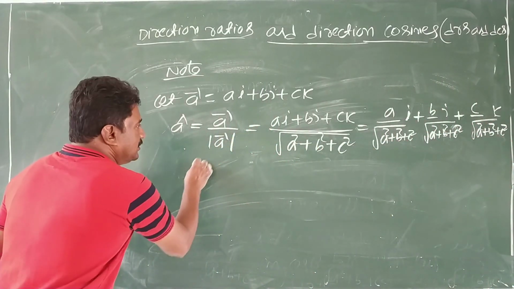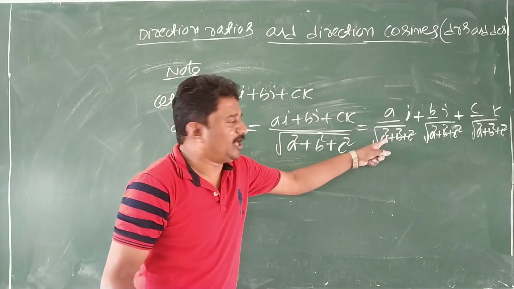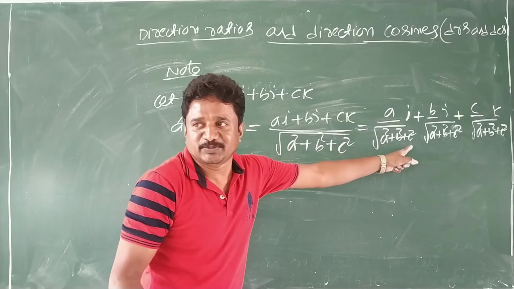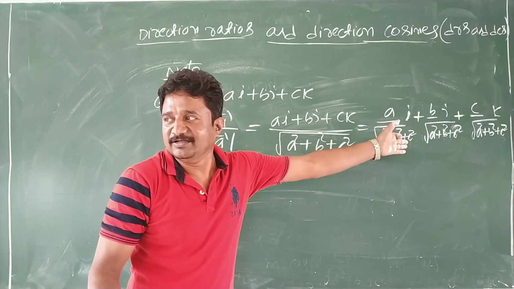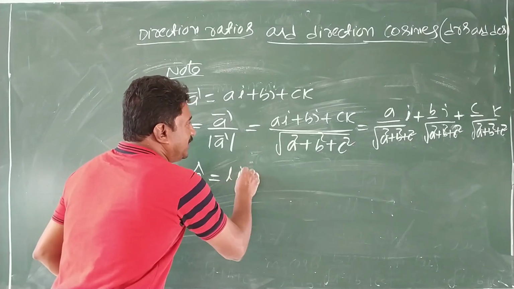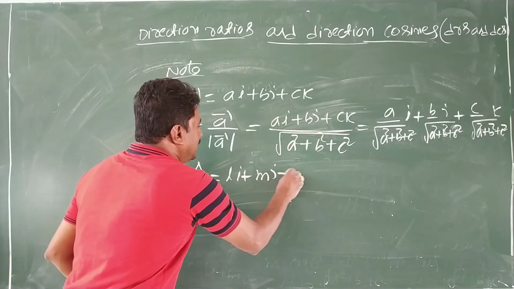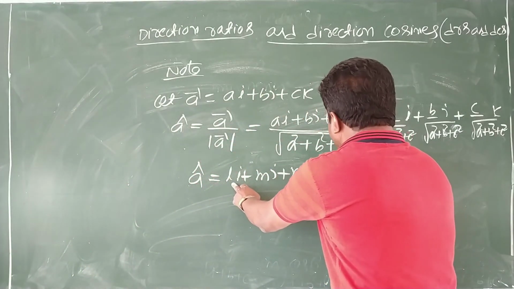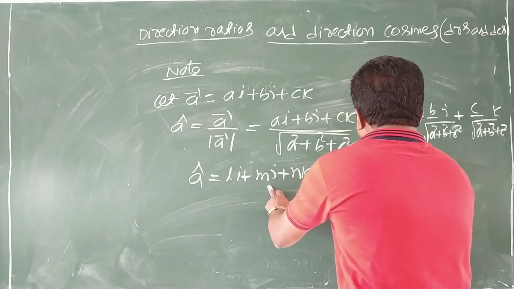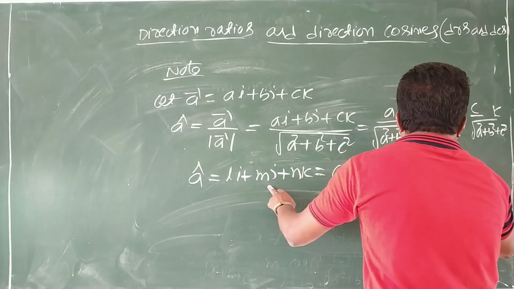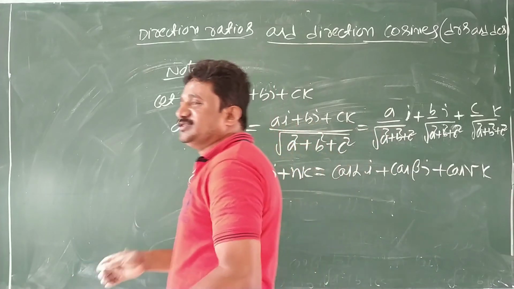A cap. What is this, A by root of A square plus B square plus C square? This is cos alpha. So it is l i plus m j plus n k, that means cos alpha i plus cos beta j plus cos gamma k. From that it is so clear.